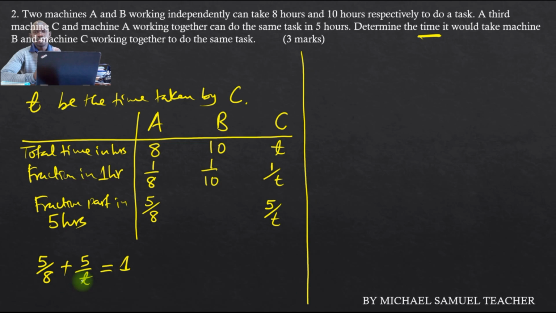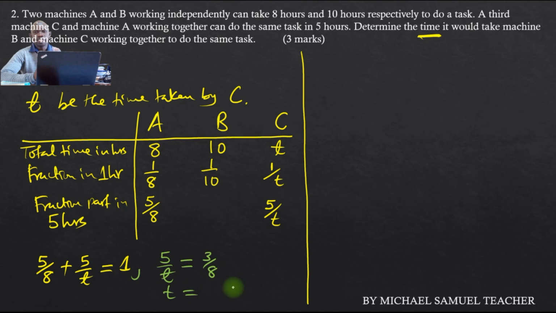So for this one, we can multiply through by the LCM. Or the other way is to have 5 over t equal to 1 minus 5 over 8, which is 3 over 8.